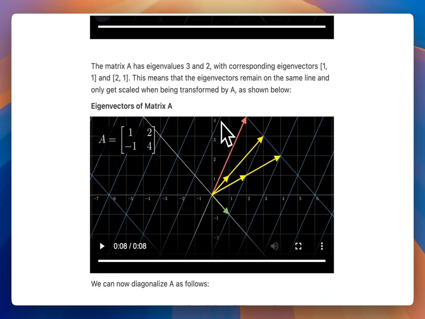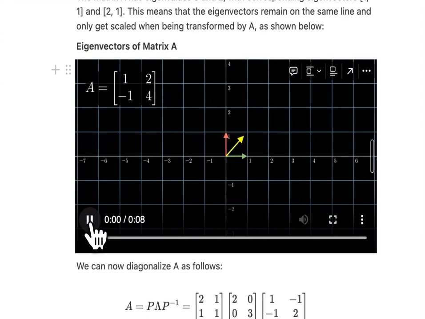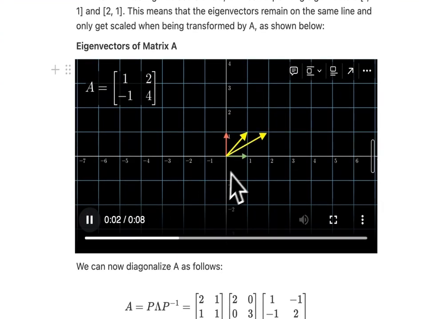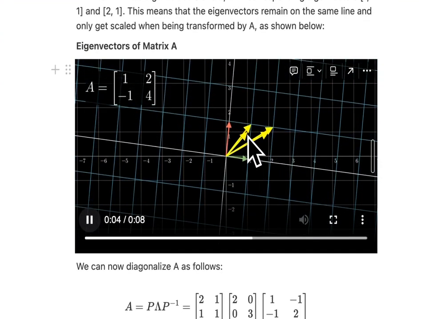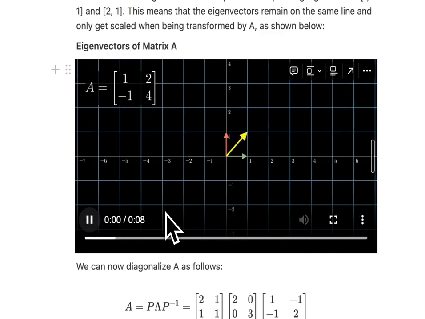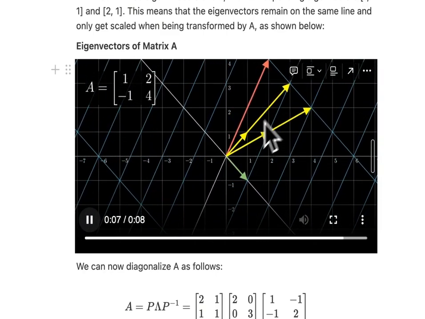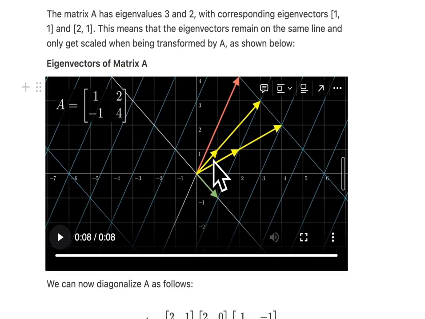Now, using the diagonalization, we first need to find the eigenvalues and eigenvectors of A. So in this case, A has the eigenvectors (1, 1) and (2, 1), and we have the eigenvalues of 3 and 2 respectively. And since these are eigenvectors, that means that even after we apply A, they are going to stay on the same line as they were prior to the transformation.